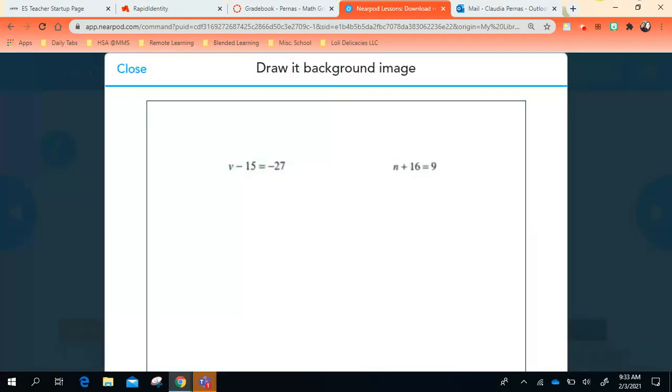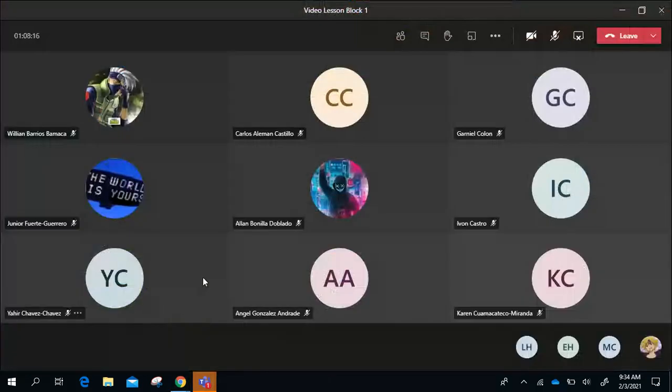Okay, let's go ahead and look at problem number 1 and 2. So these are just practice problems from Monday and Tuesday. I want you to go ahead and work these out on your own. I want to see how you're doing with this before we move forward to multiplication and division.